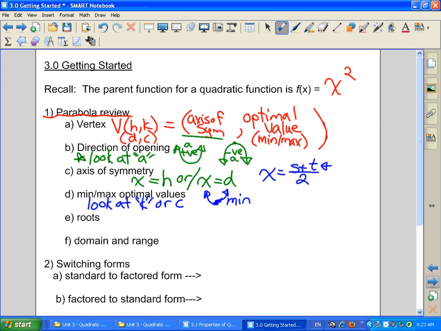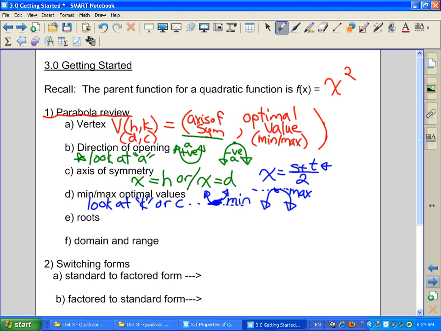Let me start that over again. If A is positive, it opens up, which means you have a minimum value. So that means the minimum value is right here. If A is negative, it opens down, which means you have a maximum. And the maximum occurs at your K or D value.